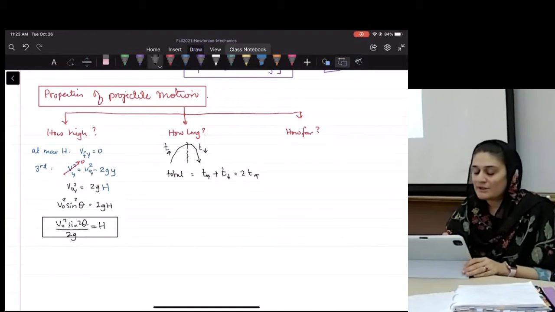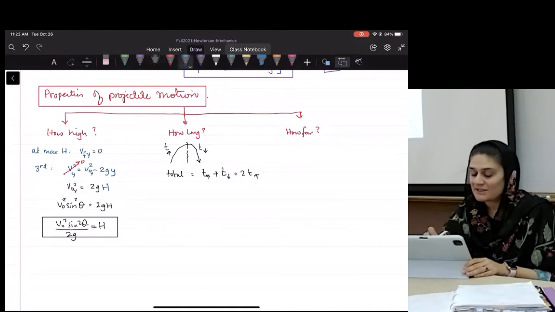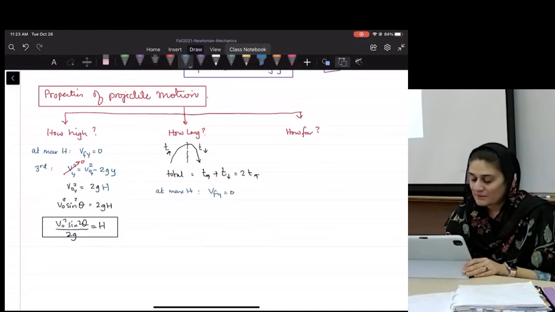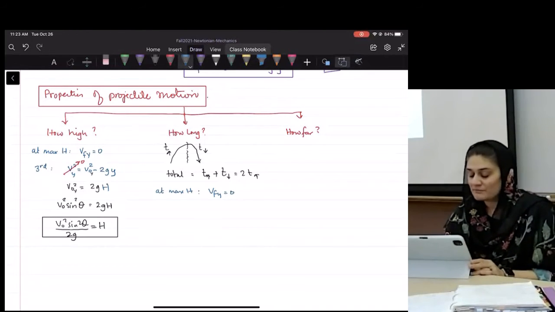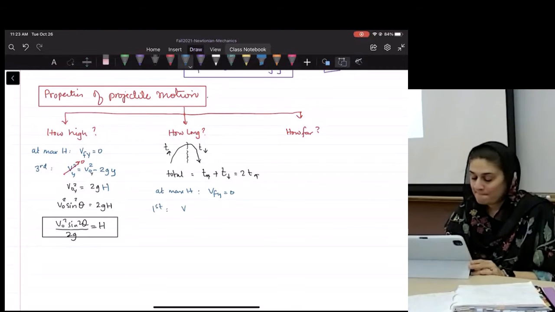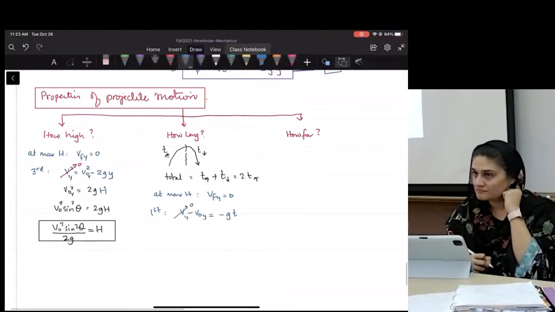Okay, so can I use what I learned here? At maximum height, the velocity is 0. Yes. At max h, Vfy equals 0. So then can I use another equation of motion that will help me? Yes. Say the first one. Will this go to 0? Yep.